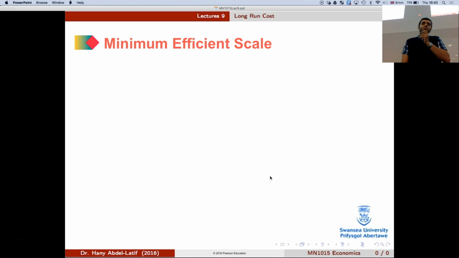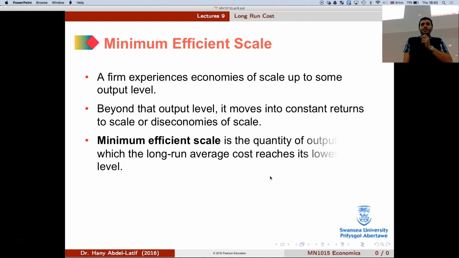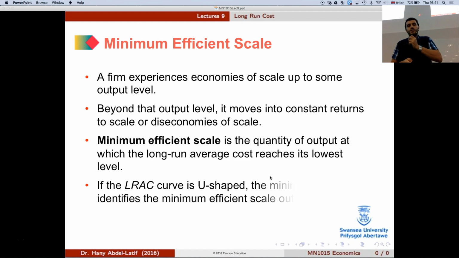And this is the minimum efficient scale. So the minimum efficient scale, that's what we already explained now. It's the quantity of output, which is 15 in our case, at which the long run average cost reaches its lowest level. So that is the minimum point on the long run average cost curve. That is the minimum efficient scale.